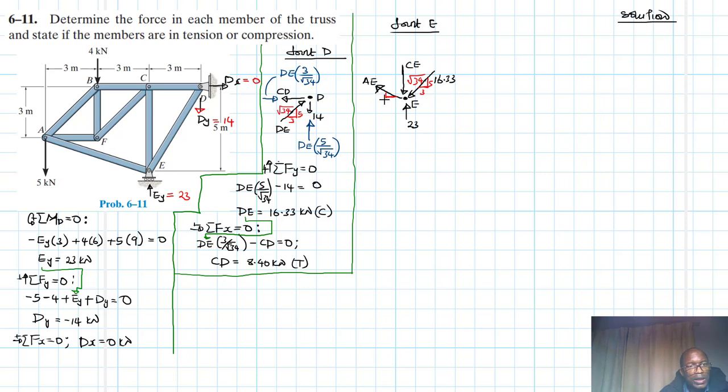For AE, we have the run of 6 and then the rise of 5 minus 3, which is 2. Therefore, this is going to be equal to 6 squared plus 2 squared. This is a 40. Alright, so we have this component for AE like so.